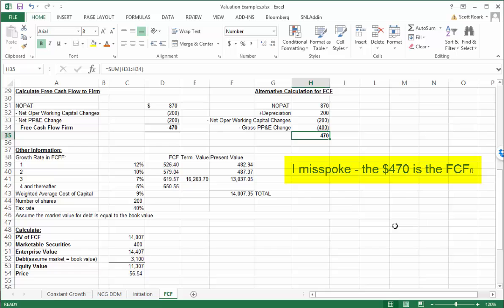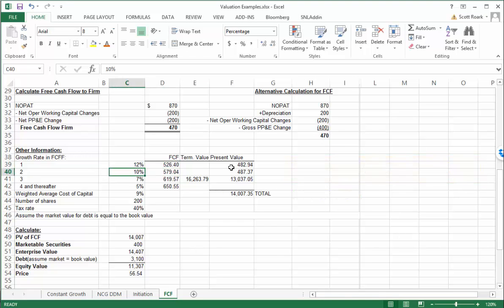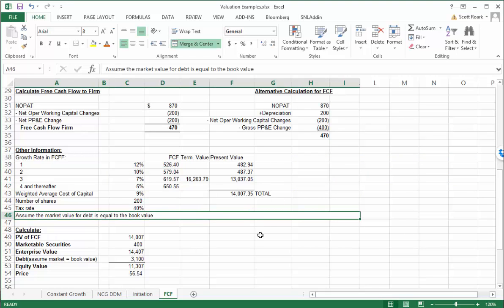That's going to be the end of year cash flow for the first year. Now, if I do some things similar to what I did with the dividends and assume that the free cash flow is going to grow by 12%, then 10%, 7%, and 5% thereafter, so it's going to finally hit a constant growth rate of 5%, I can value the firm in the same way that I valued stock before.